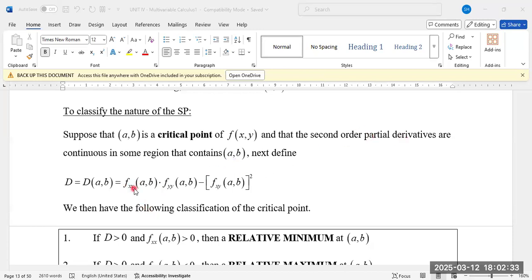See to yourself, f of xx, f of yy, f of xy. Your second order partial derivative for x, your second order partial derivative for y, and your second order cross partial derivatives. So the second order partial derivatives, which include this, this, and this, are continuous in some region that also contains that critical point.